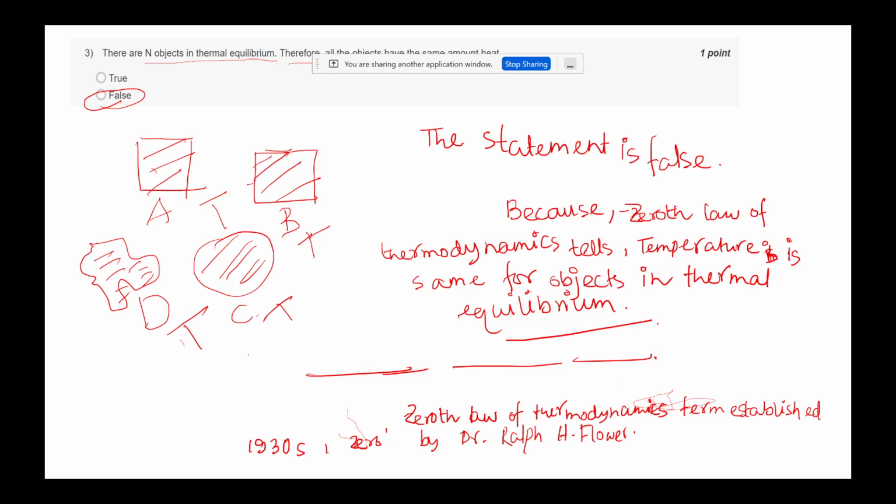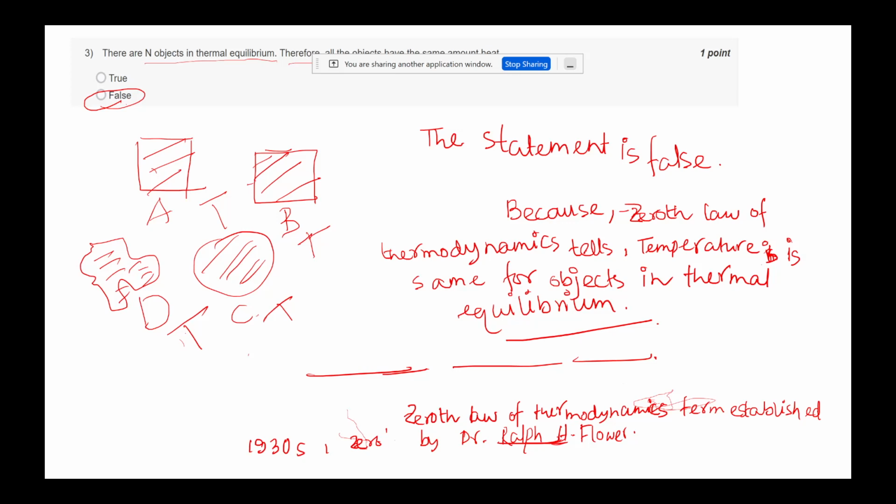The main message is that it talks about thermal equilibrium, which in turn tells that temperature will be the same. And one important thing: it does talk about temperature without mentioning entropy. That is the interesting part.